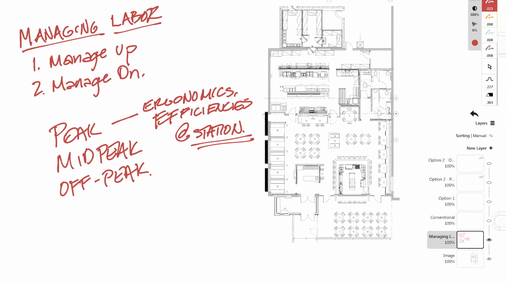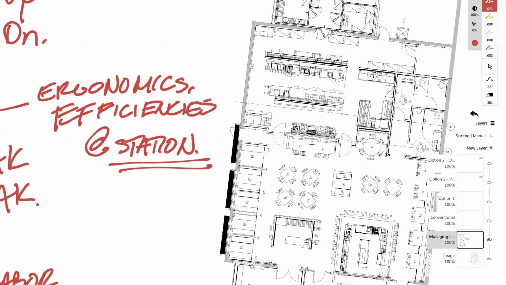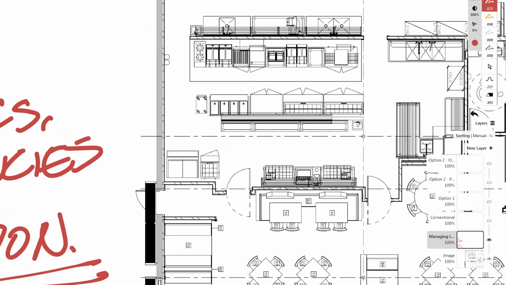And what that's about is essentially 2 things. It's reducing staff and combining labor centers. And what do I mean by a labor center? So let's look at this. This is our made-up typical casual dining restaurant. And here we have the kitchen.